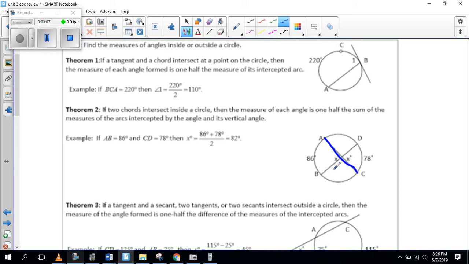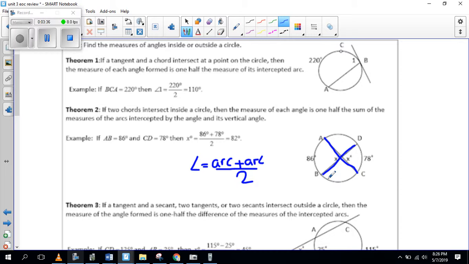This is like a plus sign, like a big old plus sign, maybe twisted, but it's a plus sign. So basically what it says is the measure of the angle equals arc plus arc divided by 2. If you can just remember these formulas, this plus sign here tells me to add them up.